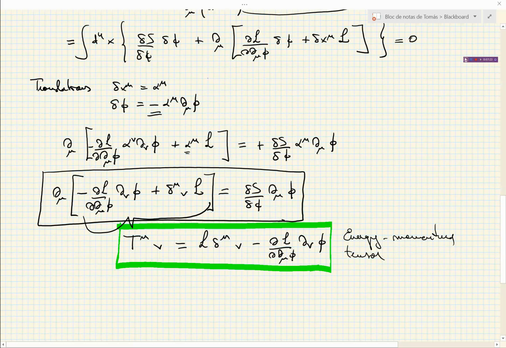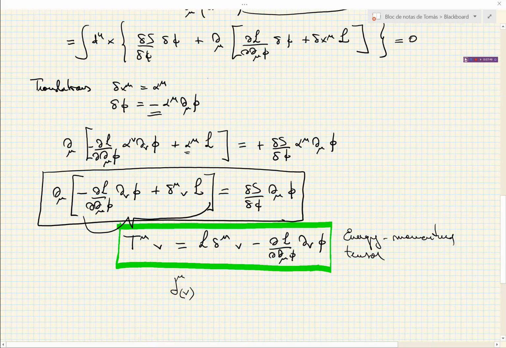Okay, it doesn't look like a current because a current has only one index, but you see that this is actually a set of currents. So for every space-time translation we have an index ν, and for instance for time translations, ν equal to 0, you have a conserved current J^μ.